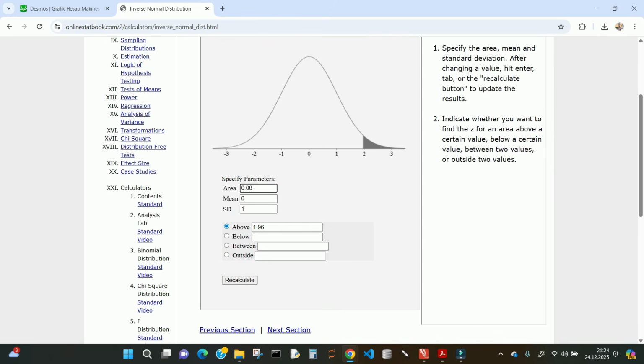The mean will be 0 and the standard deviation 1 by default on your TI, and it will give us the z-score, which is minus 1 point. It's better to write all of these digits to not make a mistake while finding the z-score.